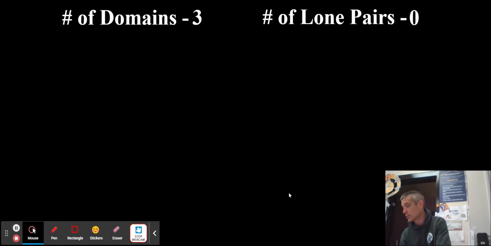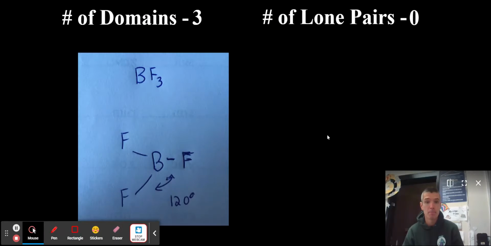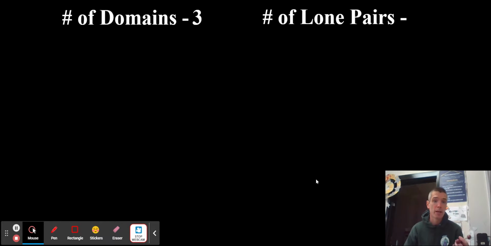Now the second molecule has three domains and no lone pairs. This is boron trifluoride. This is known as trigonal planar. Now, three domains and one lone pair.